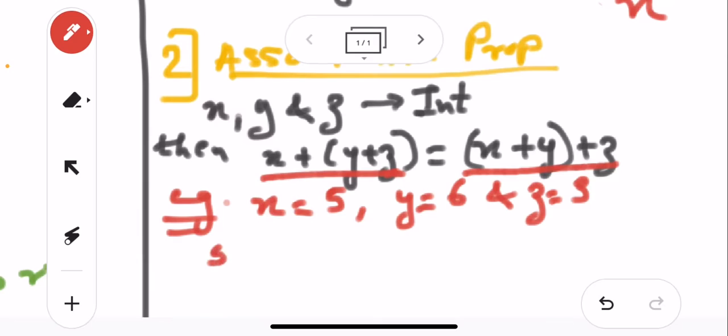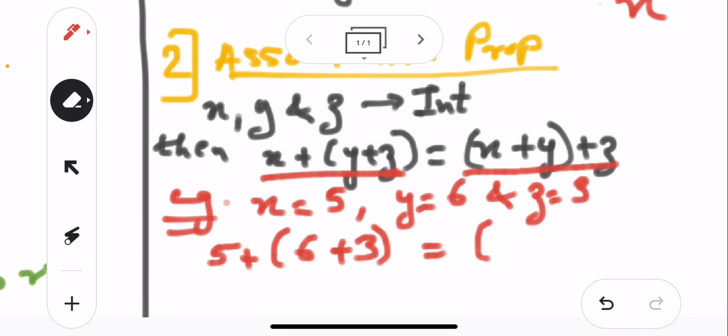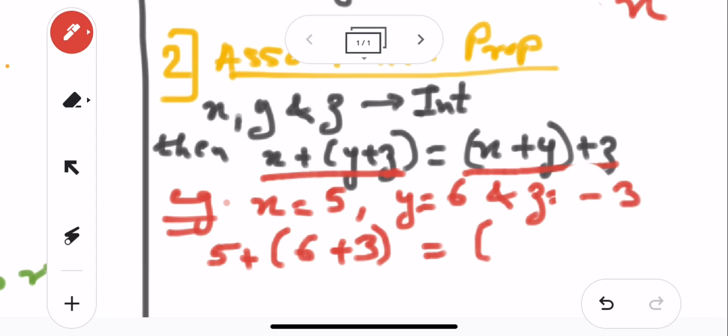Now x is 5 plus y is 6 and my z is 3. Let us do a little change here, I'm taking this z as minus 3.